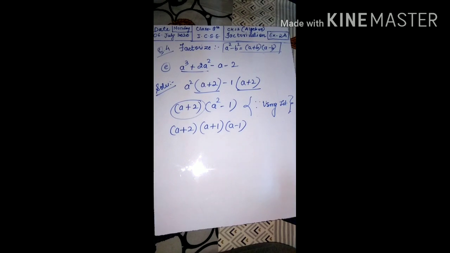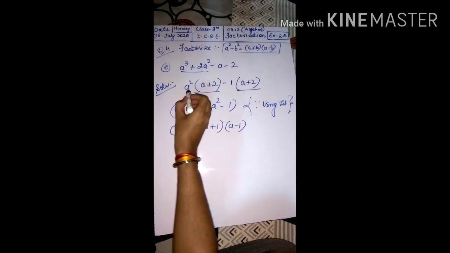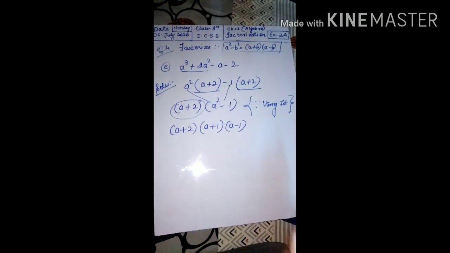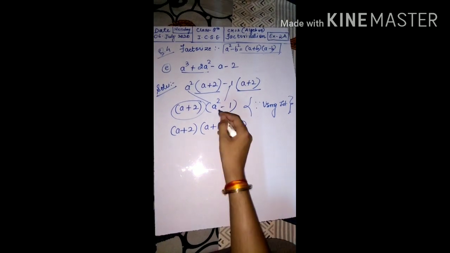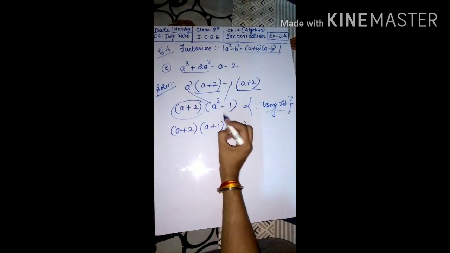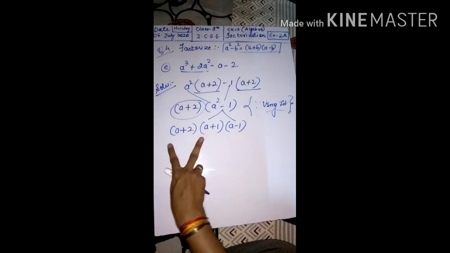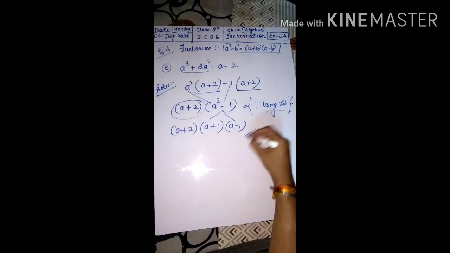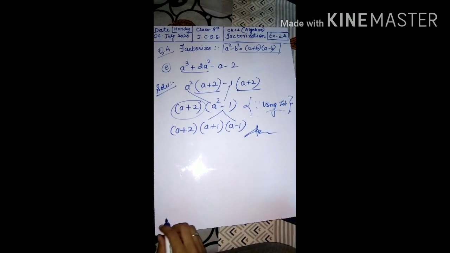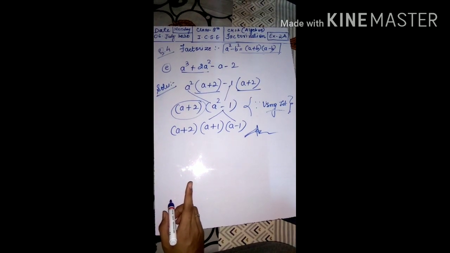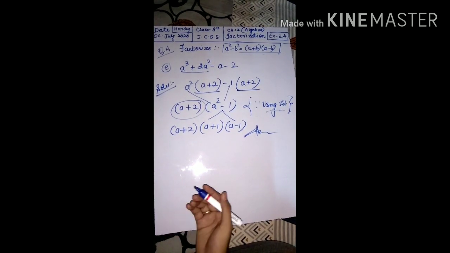So here common I have taken, and in the bracket a square and minus 1 is left. Again using the identity, this a square minus 1 can be split into a plus 1, a minus 1. So hence we have factorized this, and this is the final answer. Remember one thing, whatever be the order of your equation.